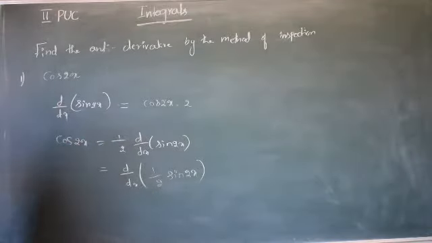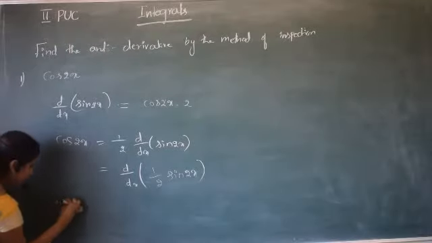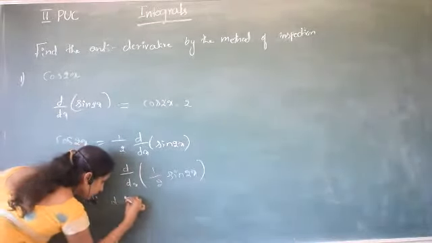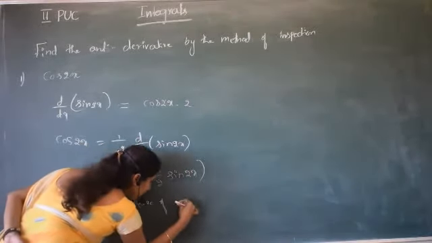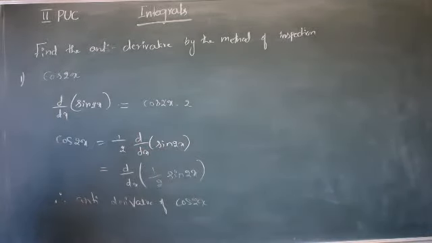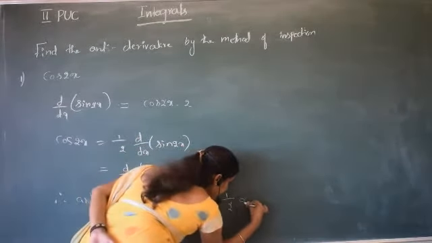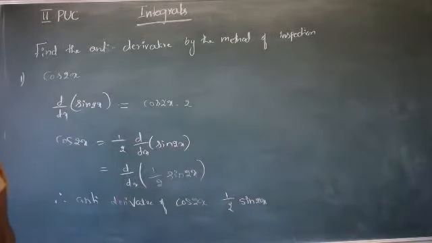Therefore the antiderivative of cos 2x is equal to half sin 2x. So this is the method of finding the integral value by inspection.